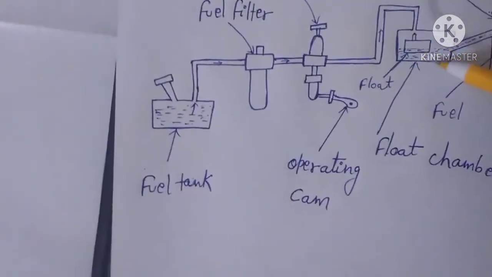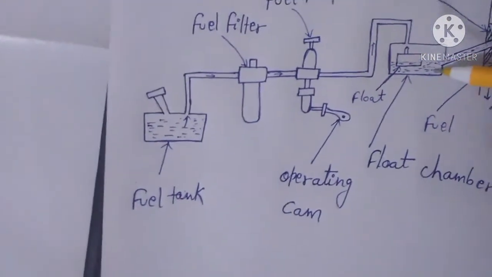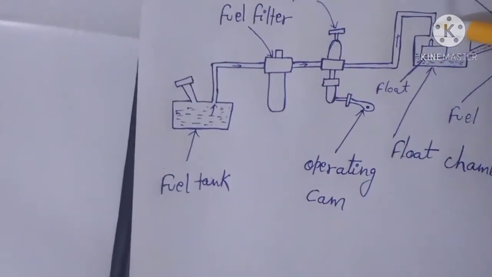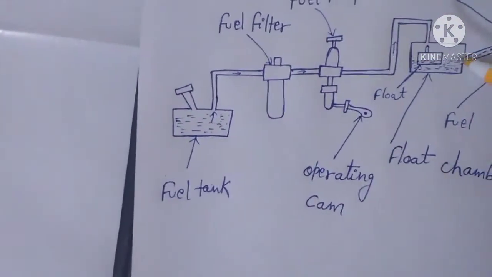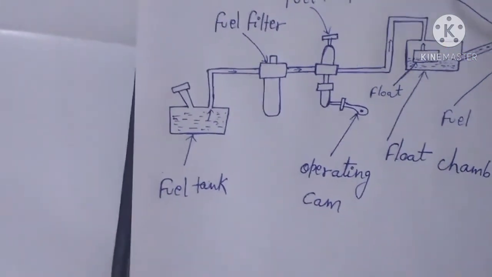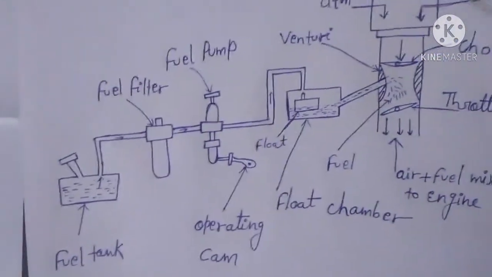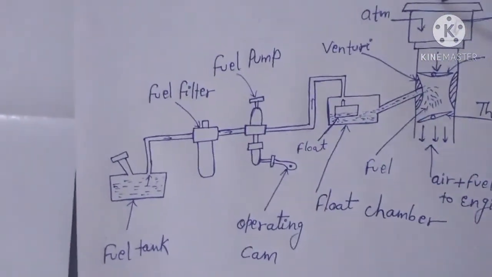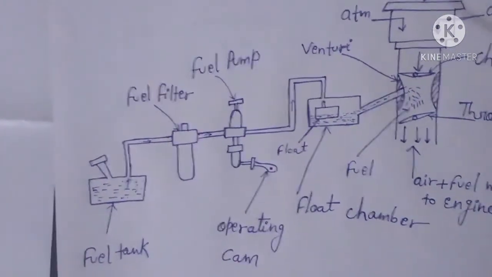See here the float chamber, inside the float is floating on the fuel, and if the fuel is carried from this tank and fills it fully, then this needle blocks the incoming fuel. So this total function is known as the carburetor, and here this is the venturi because the area decreases.